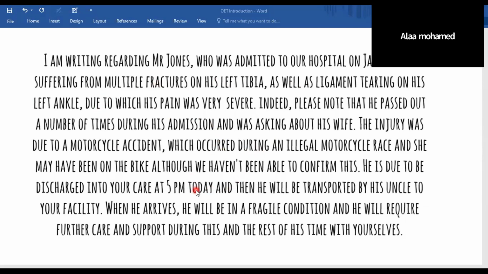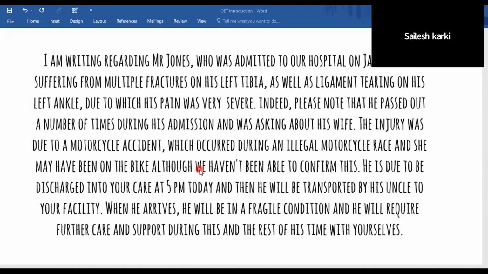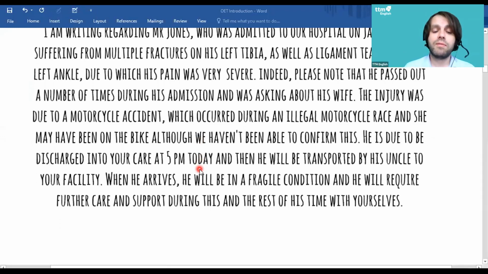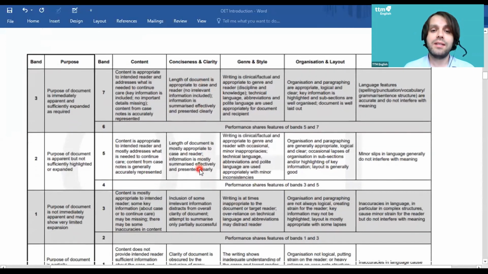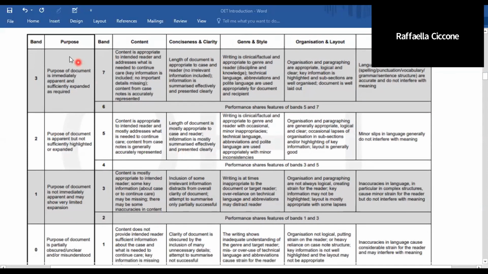Why is the purpose important here for introductions? To clarify what he has to do next. Those are all good answers, but let me give you an even more specific answer. This is the OET writing criteria. What's the first criteria they're going to grade you on? Purpose.